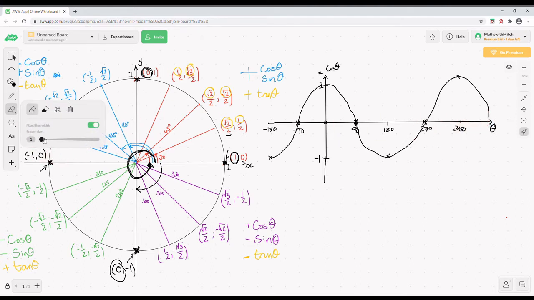So what does that actually tell us? That tells us at any point on this graph, you could pick an angle theta, and you could read off a value for cosine at that angle. So let's say you were given the angle 60 degrees.